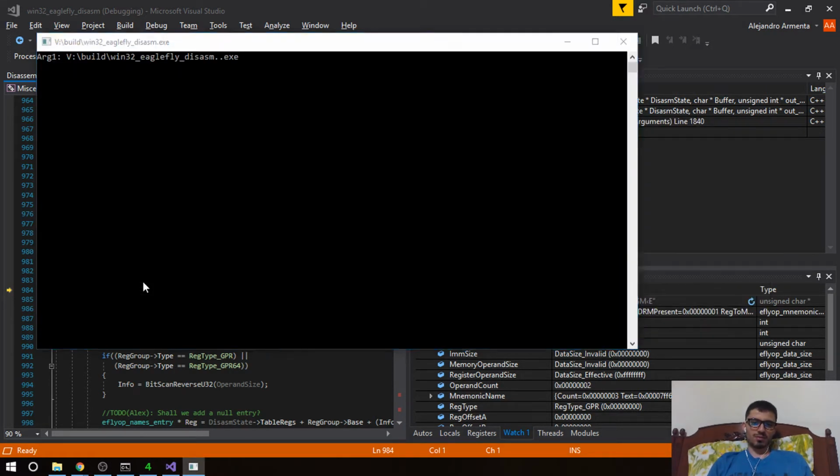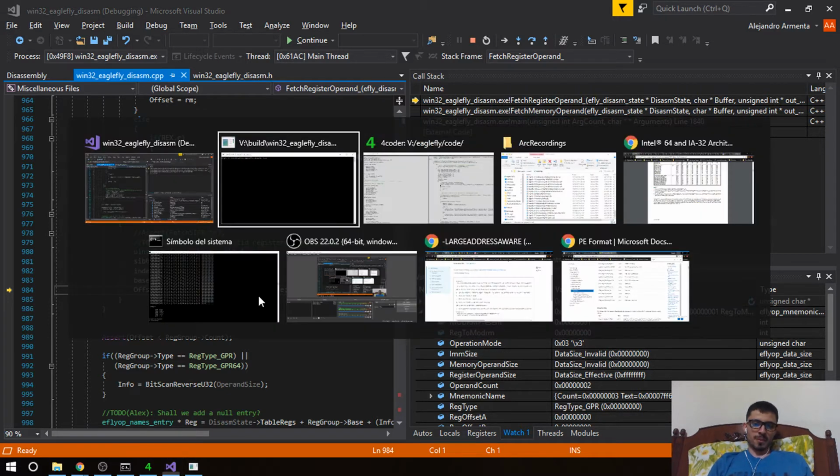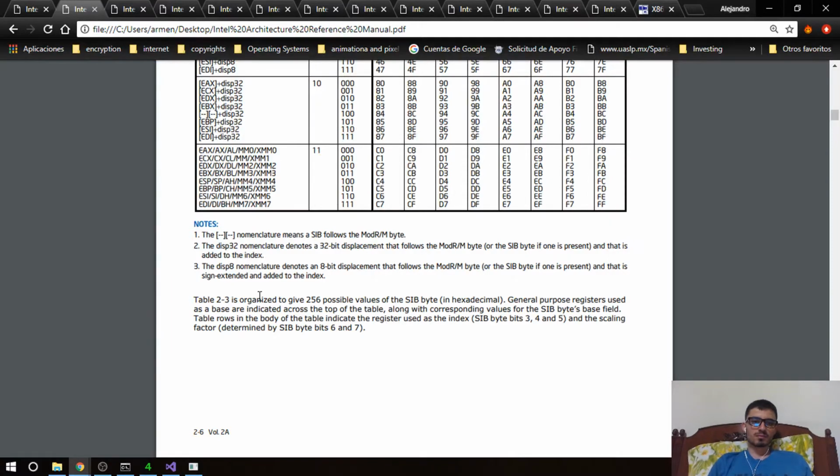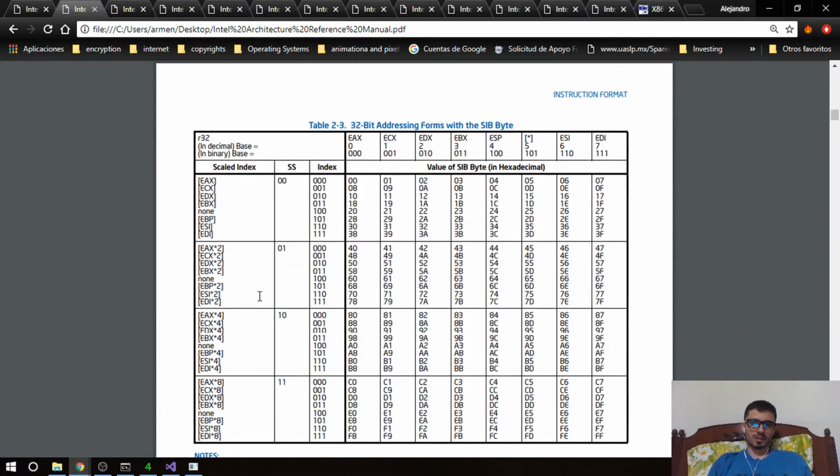What's the SIB byte? 24, okay. Remember that we have 24 here, which means that we got 4 and 4. 4 here means none.